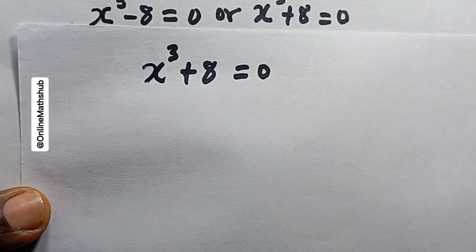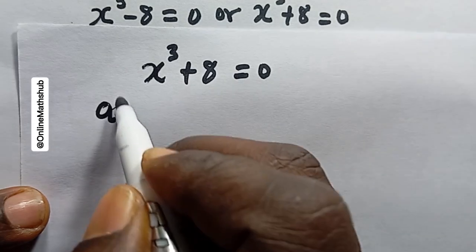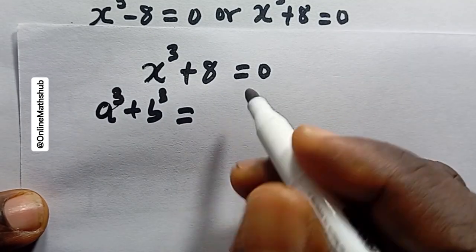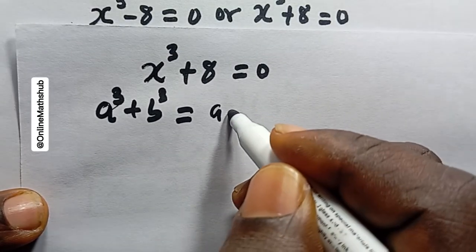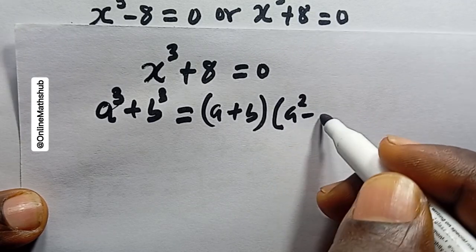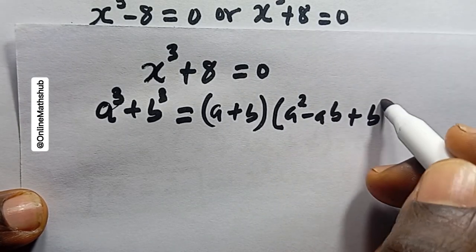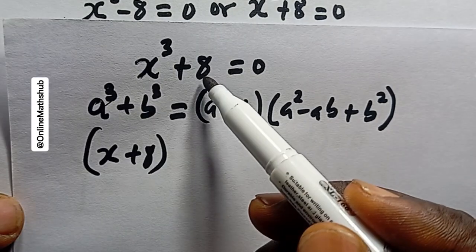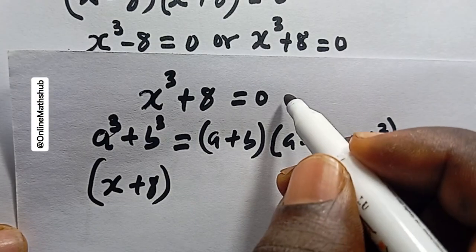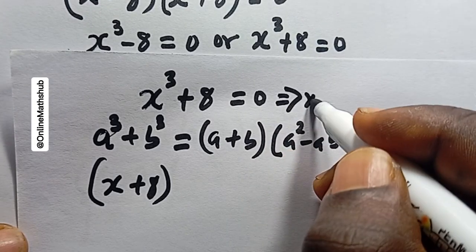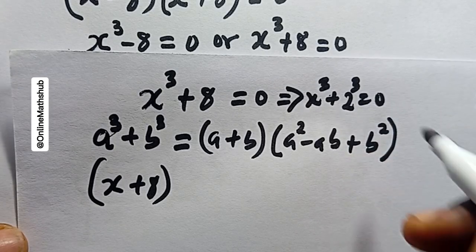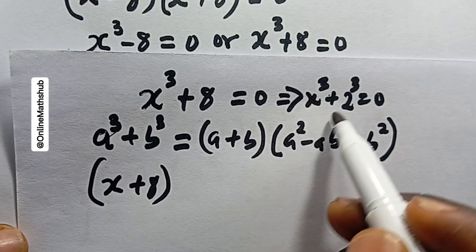You just need to remember that when you have a power 3 plus b power 3, you can expand this to be a plus b, multiplied by a squared minus ab plus b squared. What we have here is 8, so in order for us to write this in the form of a cube, we can write it as x power 3 plus 2 power 3. In this case you can see that our b is equal to 2.